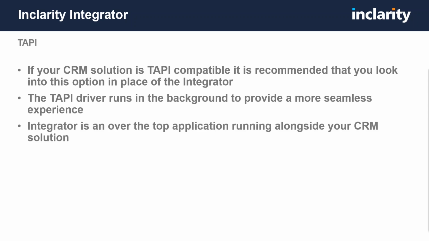Whereas the Inclarity Integrator is an over-the-top application that runs alongside your CRM solution and tries to combine the two. So it's always recommended that if your CRM solution is TAPI compatible, potentially looking to go down this route rather than the Inclarity Integrator route.